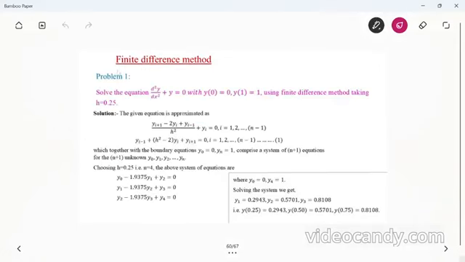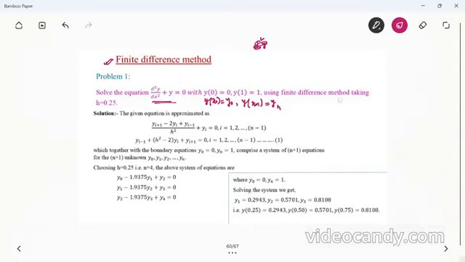Now we solve this problem by using the finite difference method. So this is the equation, the second order derivative, this is the differential equation. Boundary value problem means one differential equation with y of x0 equals y0 and y of xn equals yn.